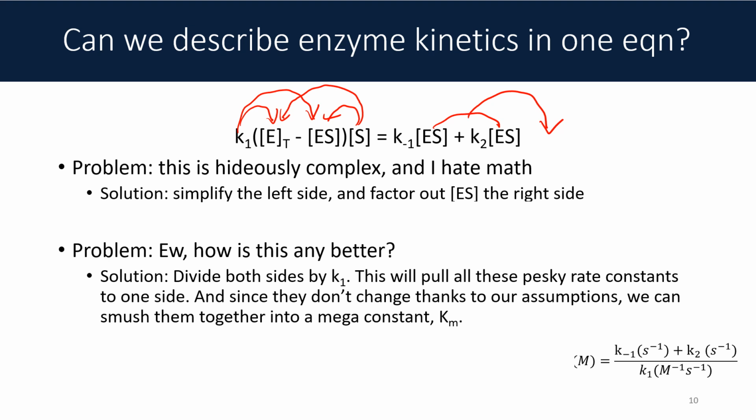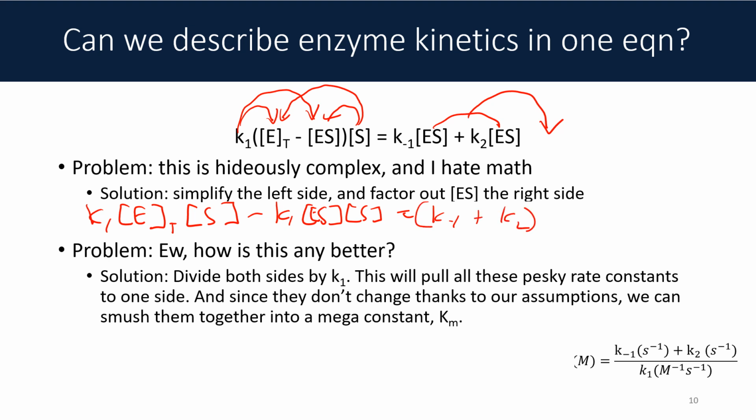I'll just write over here that K1 times ET times S minus K1 again times ES times S equals K minus 1 plus K2 all multiplied by ES.